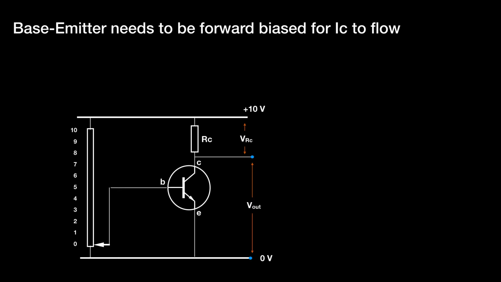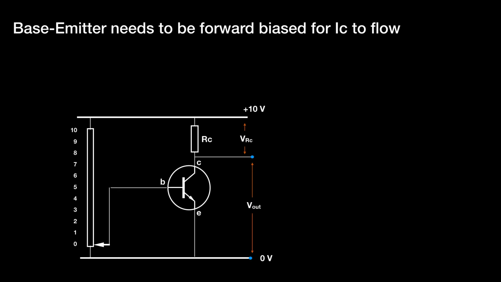On the left hand side you can see a potentiometer, and I've labelled it between 0 volts and 10 volts. Imagine that as perhaps the carbon track of a potentiometer, with various points starting at the bottom with 0 volts and increasing by 1 volt increments up to the 10 volt rail.